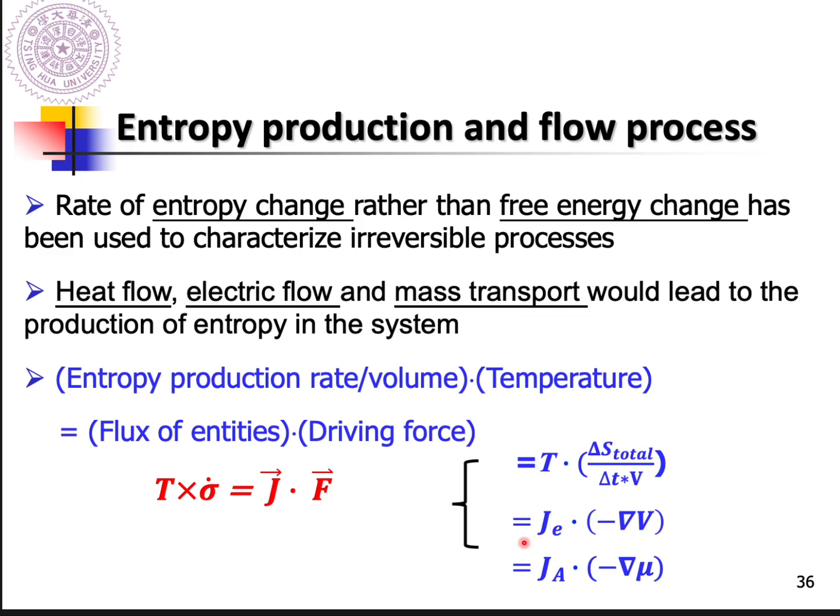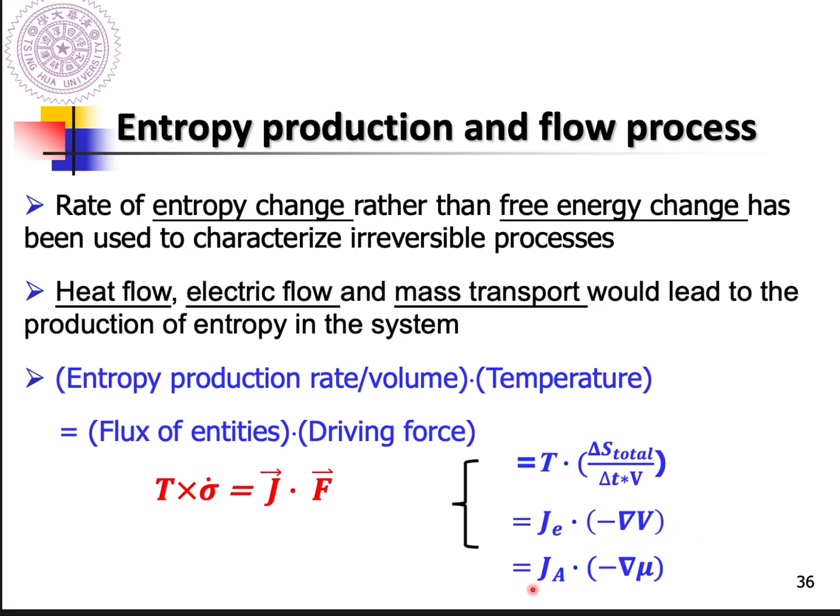If the case is an electrical flow process, you can measure the electrical current flowing through your materials times the electrical field applied in the system. Then you divide by temperature to get the entropy production rate per volume for the electrical flow process.